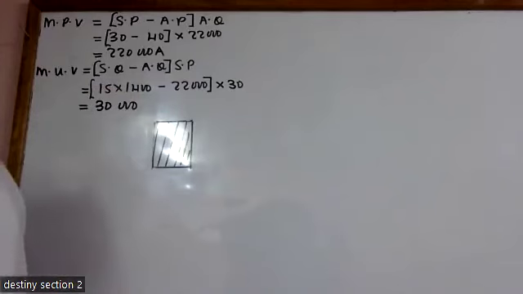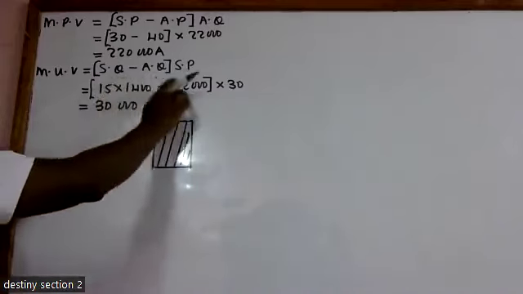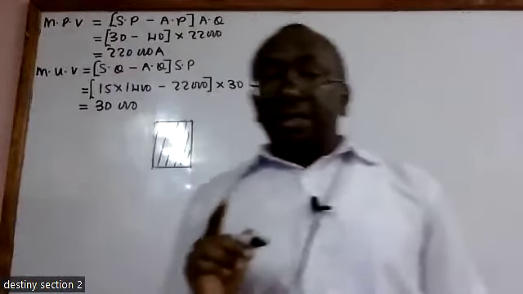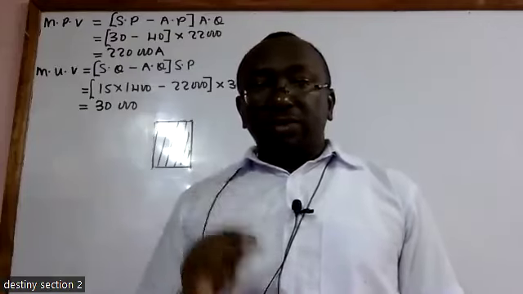That's good, Vera, corrected. My question was, is this favorable or adverse? Now you realize this is 21,000, and this is 22,000. So if it is 21, it means we had planned to use 21, but we have used 22.